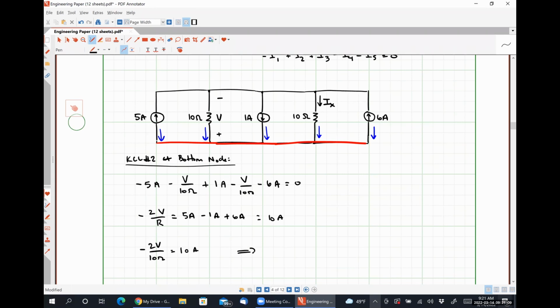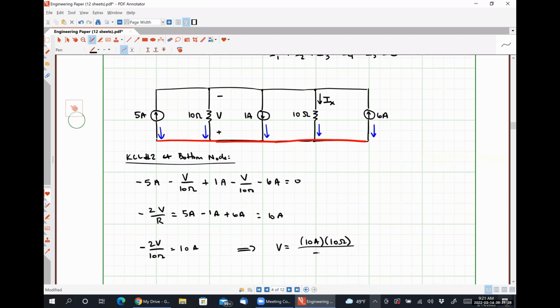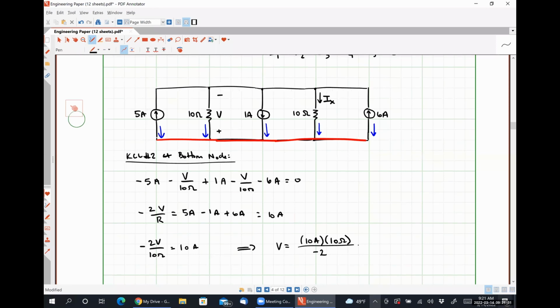So let's see here. That means V is going to be equal to 10 amps times 10 ohms divided by a factor of negative 2, which looks to me to be negative 50 volts.